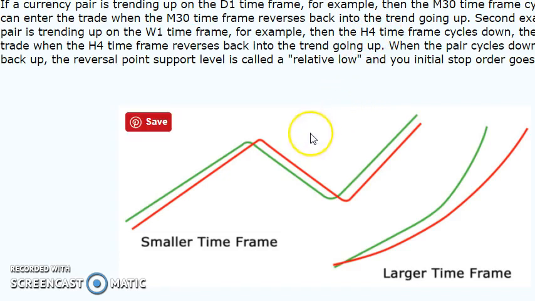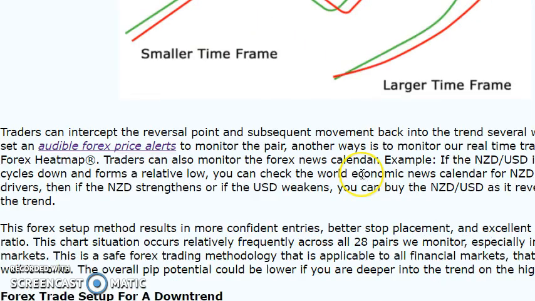Then when the H4 time frame cycles down and reverses back into the trend, you can start to enter the trade here and start riding the trend again. So in this case, it would be a swing trade setup because this is an H4 time frame and this is a W1 time frame.